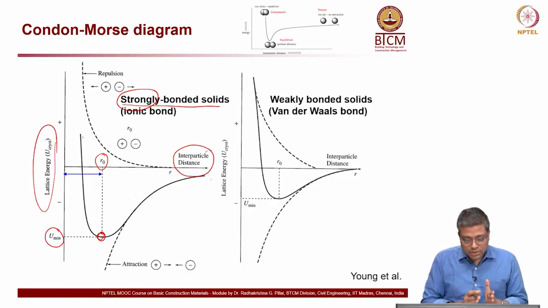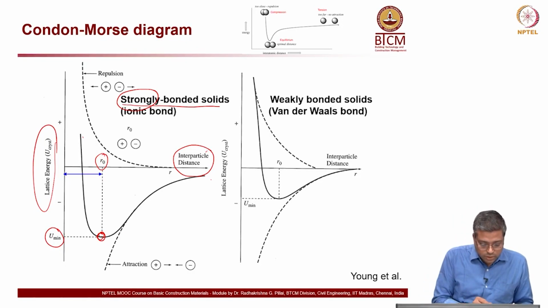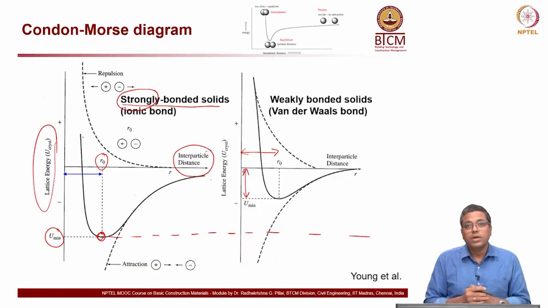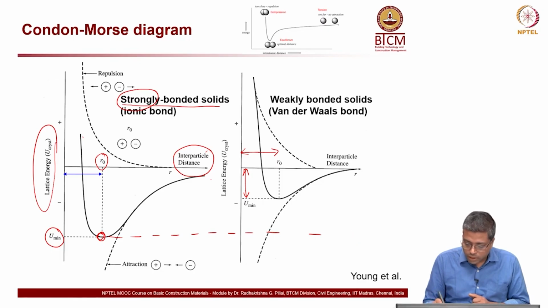Now, compare this graph to the one on the right side. If I draw this U min here, it comes somewhere here. In this case, the R0 is almost similar, but the U min has significantly reduced. That means a low level of energy is required to break this bond.